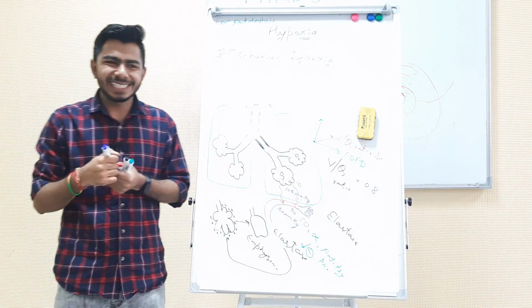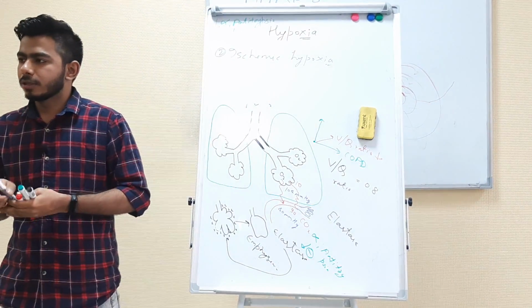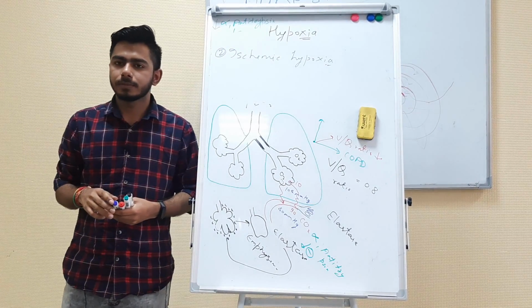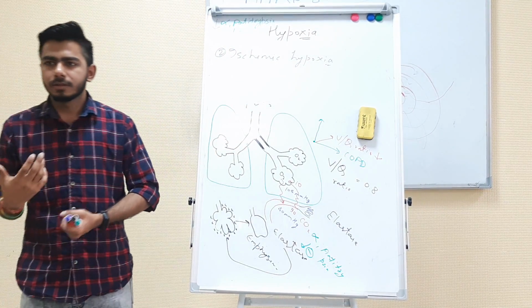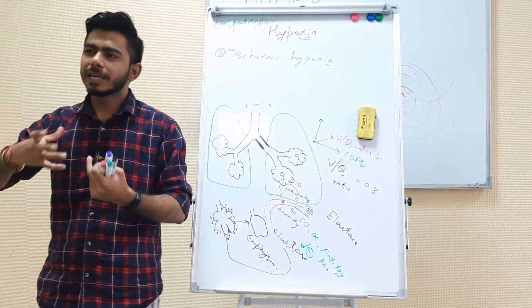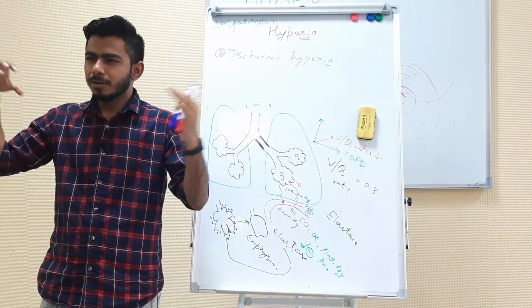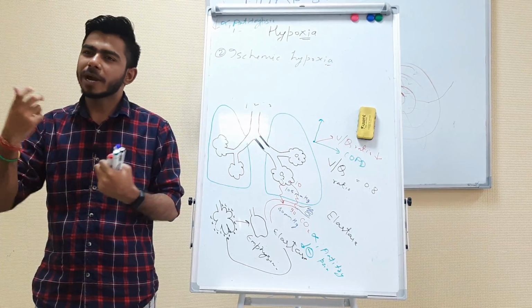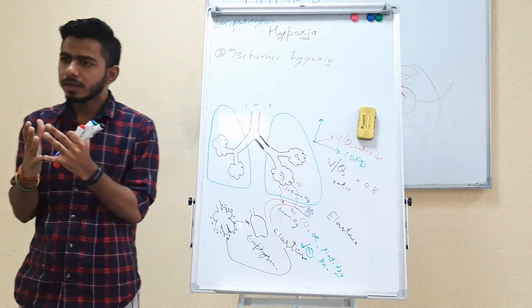What does ischemia mean? Ischemia is when some organ is having a lack of blood supply; that organ or tissue might be ischemic.